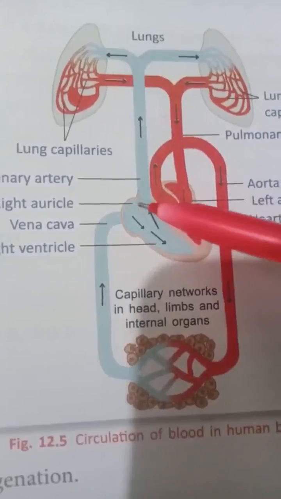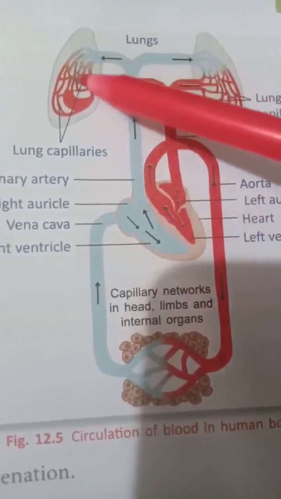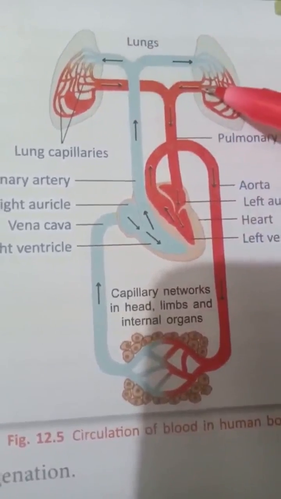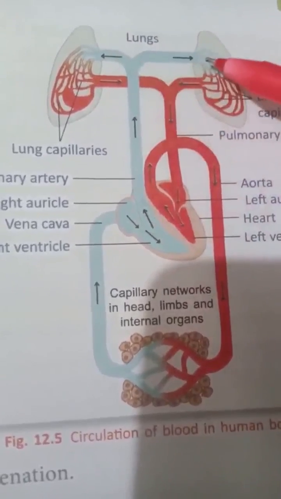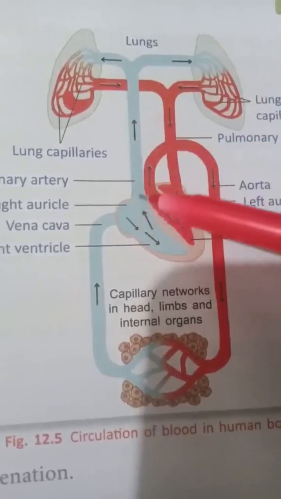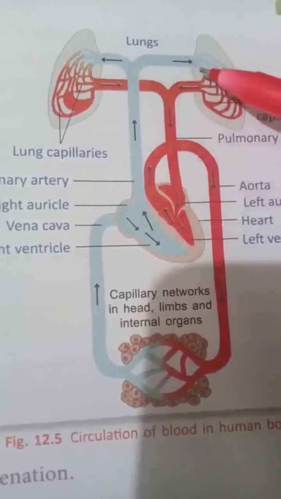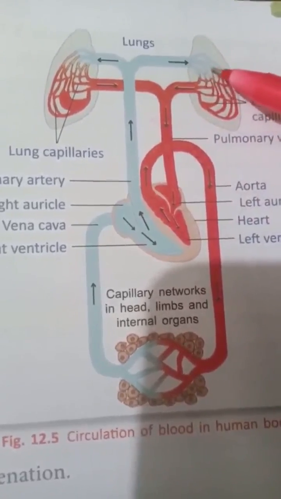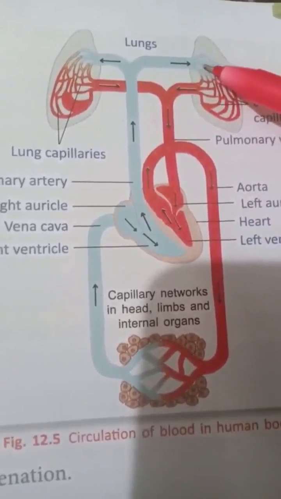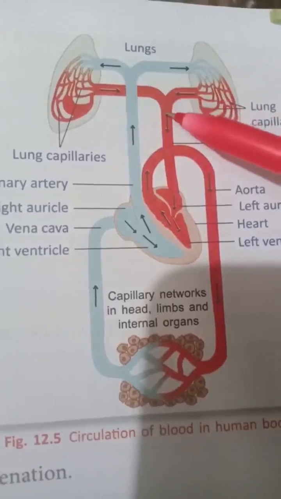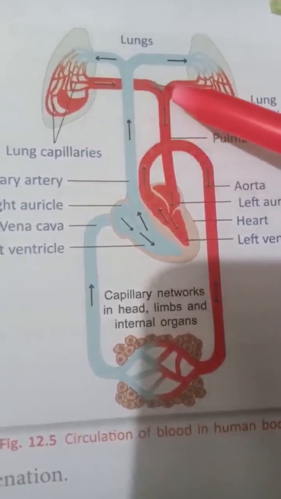So the pulmonary arteries are taking the blood to the lungs, over here and here. You can see. Now in the lungs the blood gets oxygenated and returns back through the pulmonary vein.